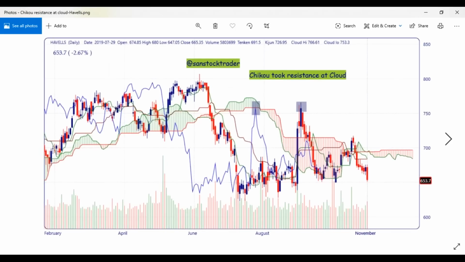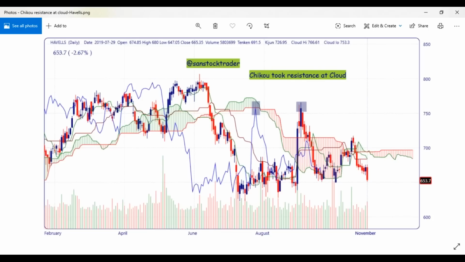Chikou, in its simplest form, is nothing but the current price of the stock or commodity plotted 26 periods back, as simple as that. So it is nothing but a line chart of an instrument placed 26 periods back. This is the beauty of the Ichimoku.